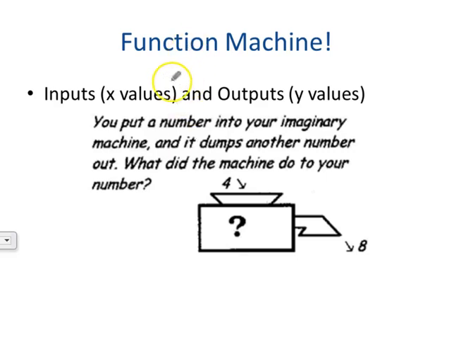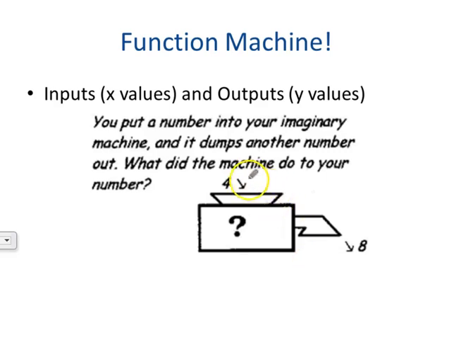A function is when you take an input, and our input in math is going to be our x values, and you get an output, which in math is going to be our y values. Think of it as putting a number into a machine, and then the machine does something to that number, follows some type of pattern, and spits a number out.